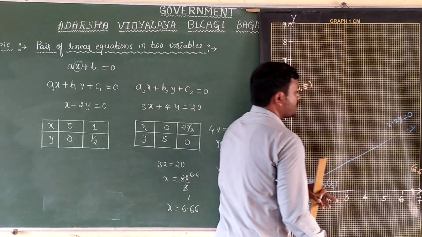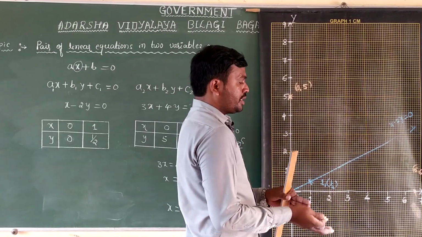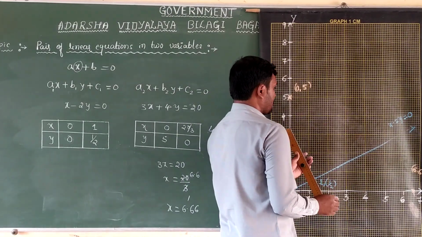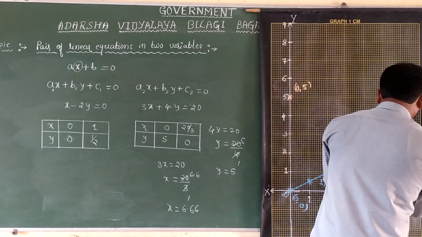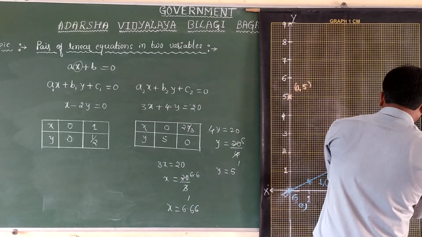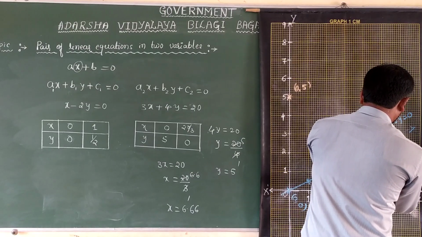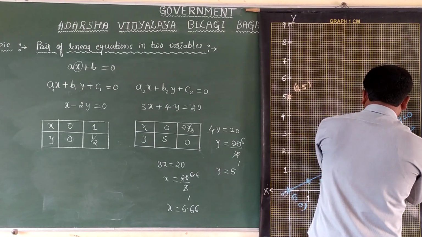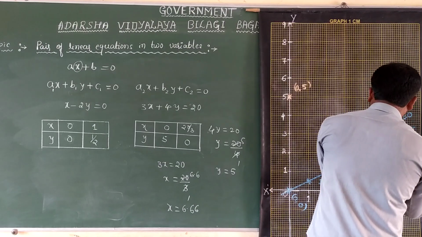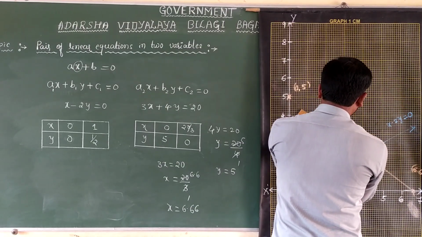X is 6.66, y is 0. If y is 0, it always comes on the x-axis. So let us join these two and extend them. Let us join the points we have got for the second equation. If I join and extend them, both the lines intersect at only one point.